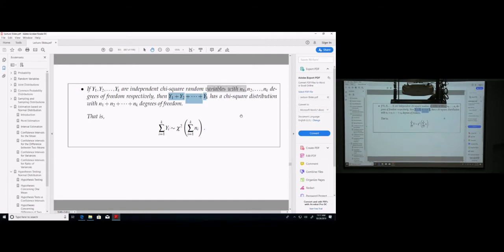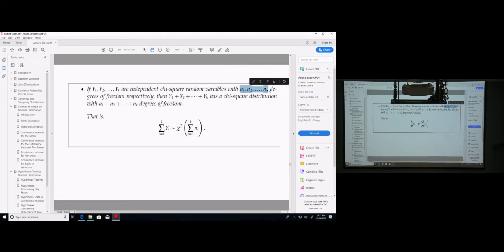So two important conclusions. One is that it is still a chi-square. Second, to pin down a chi-square, you need to find out what is the degree of freedom. The degree of freedom is simply the sum of the degrees of freedom of the individuals. All right. So the sum of independent chi-squares is still a chi-square, and the degree of freedom of a sum of chi-squares is the sum of the degrees of freedom.